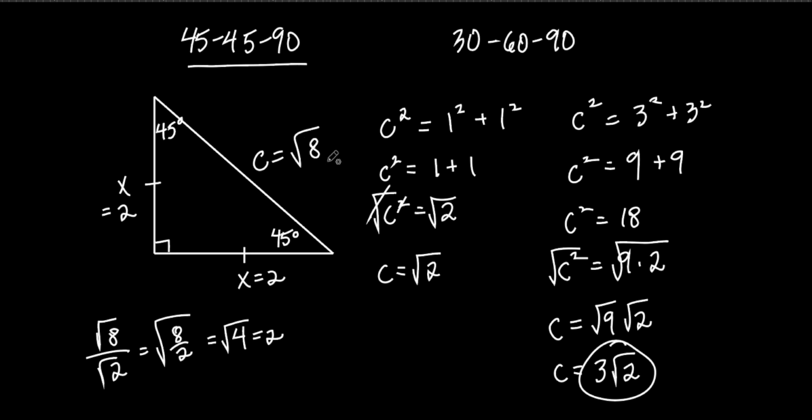What is the square root of 8? Let's break it down. Let's do it down here. What's the square root of 8? So what times what is 8? Besides 8 times 1? 4 times 2, right? Do you agree? Now, what did we say we can do in algebra?